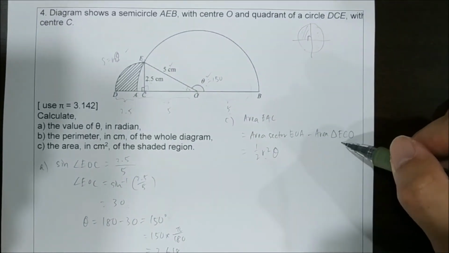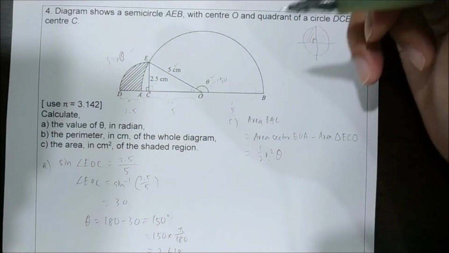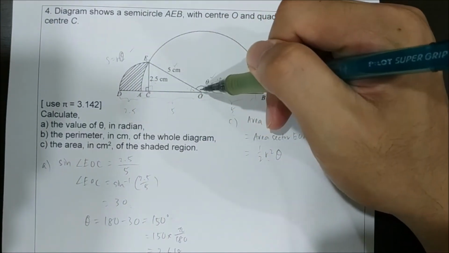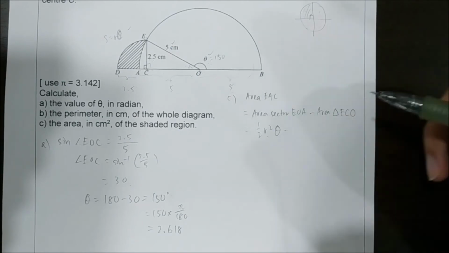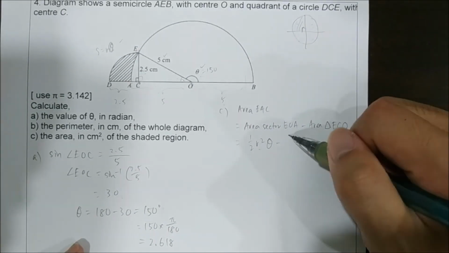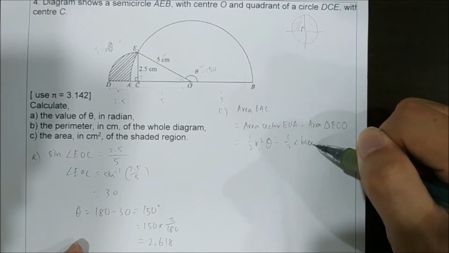And the area of the triangle is this, where we need to find the length of the base and the height. Oh yeah, we already found CO just now. Here it is. Then we just write down the values. Okay, so it's 1 over 2 times the base times the height.